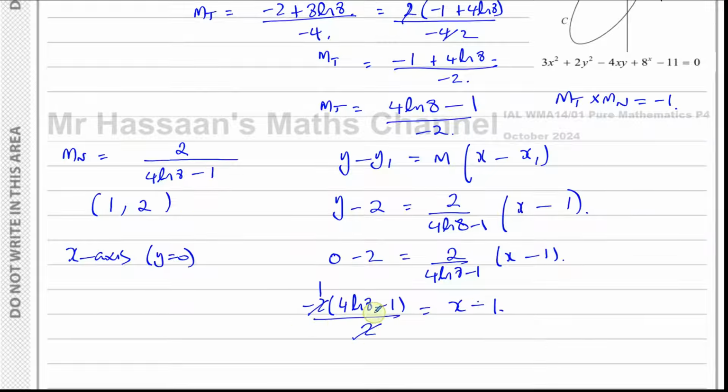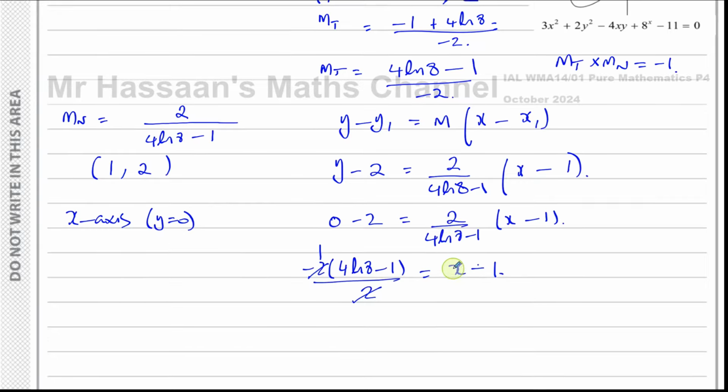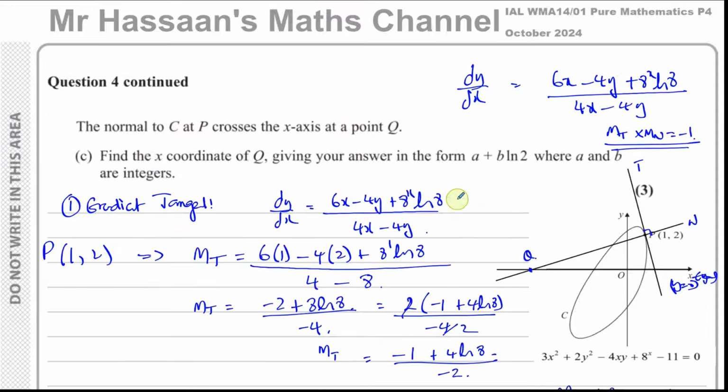When I expand this, I'm going to get minus 4 ln 8 plus 1 equals x minus 1. So I'll end up with 1 plus 1, which is 2, minus 4 ln 8 equals x.